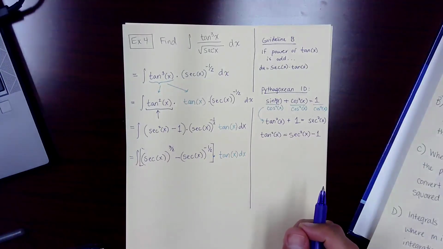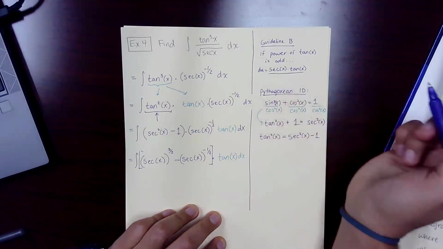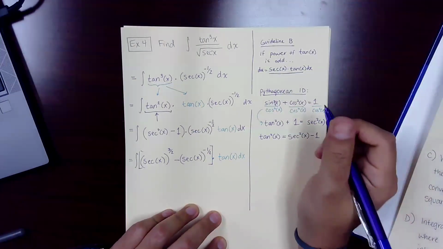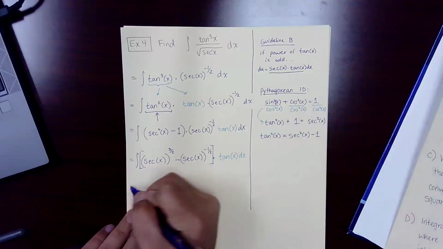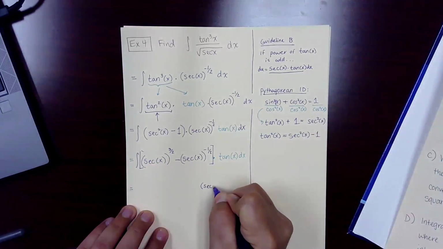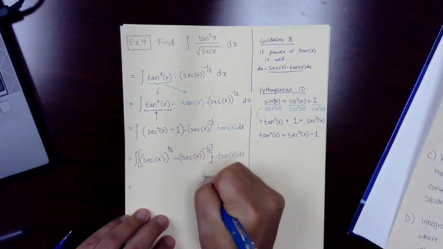Okay. Because what we really need is to have this secant tangent for our du, which means that we need to factor out a secant from these guys. So I'm going to write that secant out here, secant of x. This is the one that I'm factoring out.